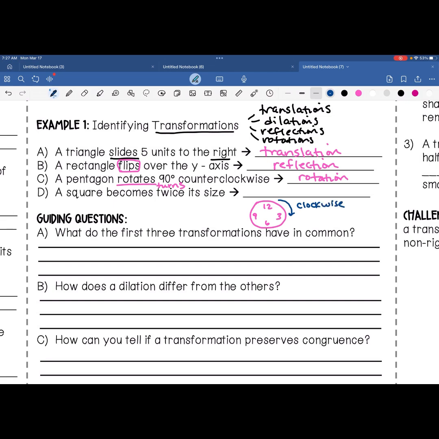Counterclockwise is the opposite direction, which means that when we turn a shape, we're turning it counterclockwise, which is going to be this way, or we're turning it clockwise, which is the way you read a clock. That's how I like to remember it. And then a square becomes twice its size is an example of a dilation, right? If something is 2 times the size, it is bigger.